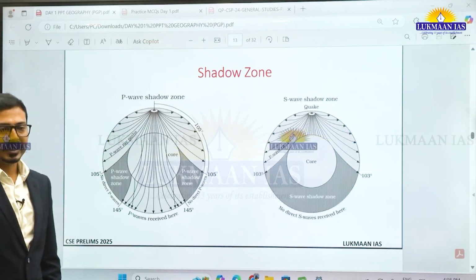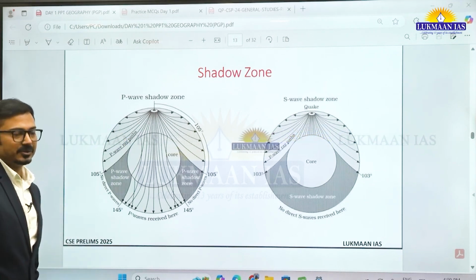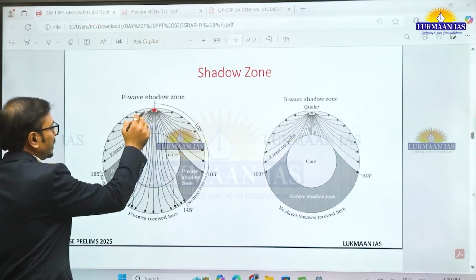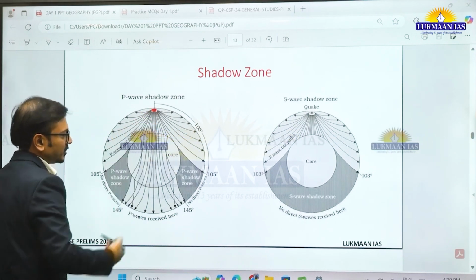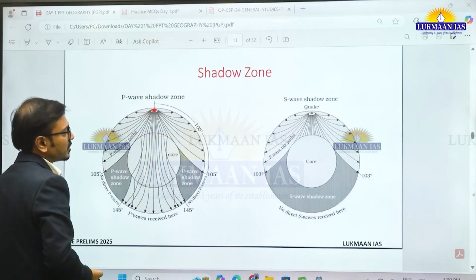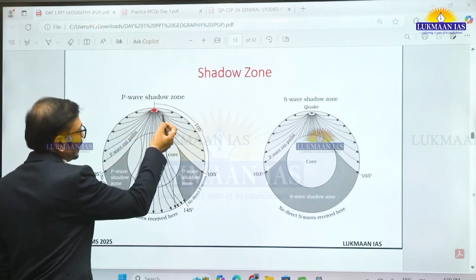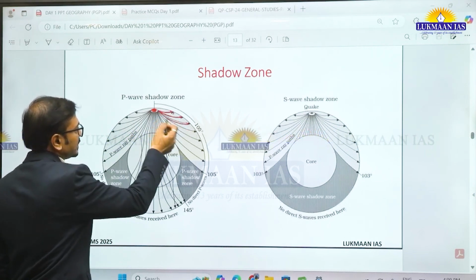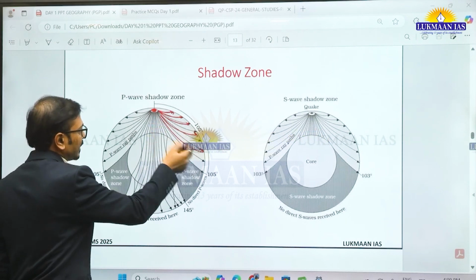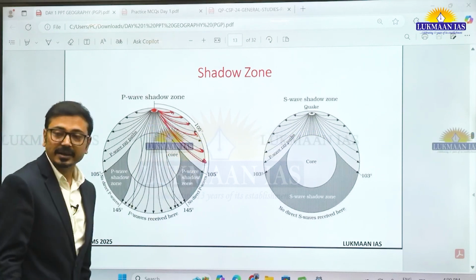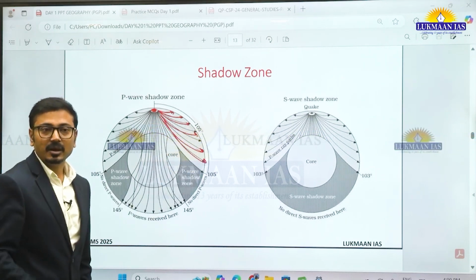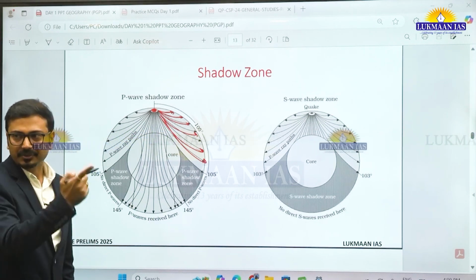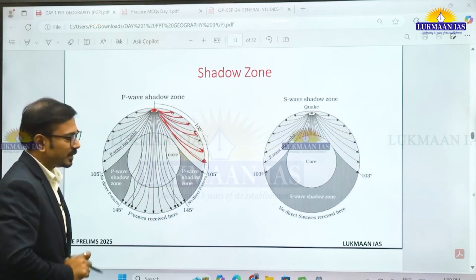Shadow zones. Let's say this is the origin of the earthquake and P waves are moving in all directions. First of all, you can see that these waves are getting refracted towards the surface as they move inside the earth. They are getting refracted and having a curved path, these two properties.